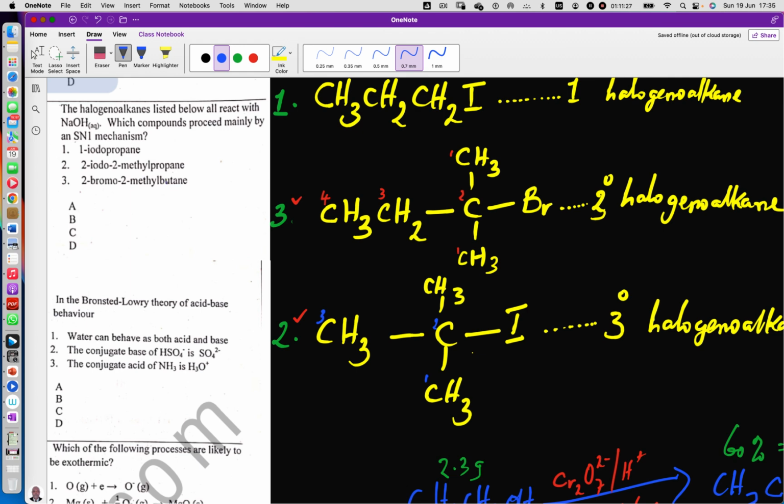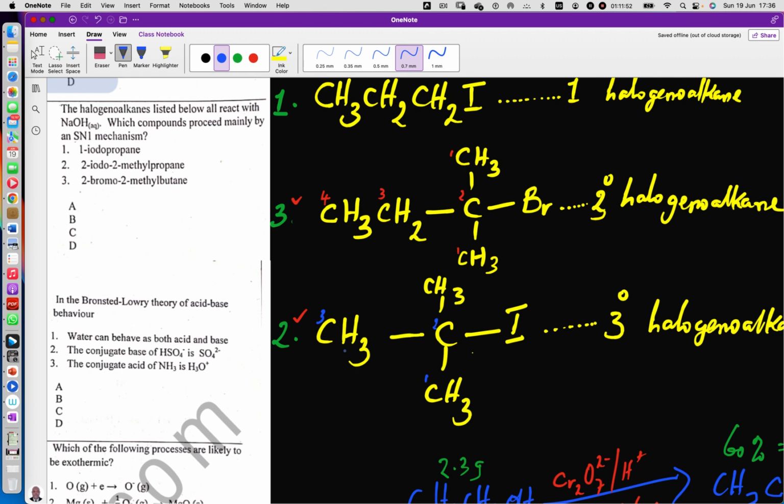Or you can still number it from here. So it is 1, 2, 3. On the second carbon atom we have iodine. That's why we say 2-iodo. On the second carbon atom we have a methyl group, 2-iodo-2-methyl. And how many carbon atoms are there? 1, 2, 3. So 2-iodo-2-methyl what?